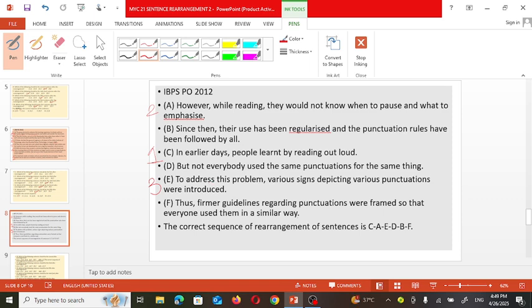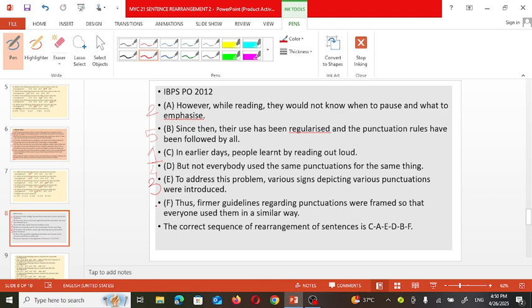Then what happened? So the fourth sentence will be, but not everyone uses the same punctuation for the same things. Then the next sentence which can support it: since then their use has been regularized and punctuation rules have been followed by all.